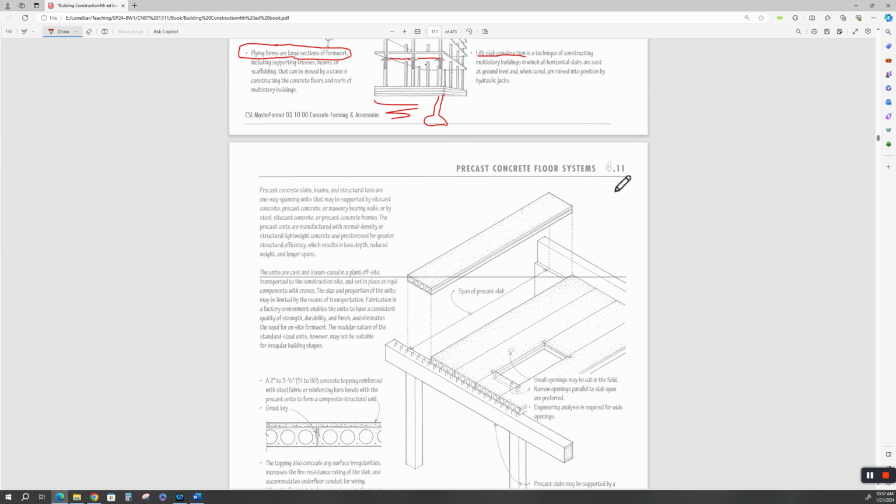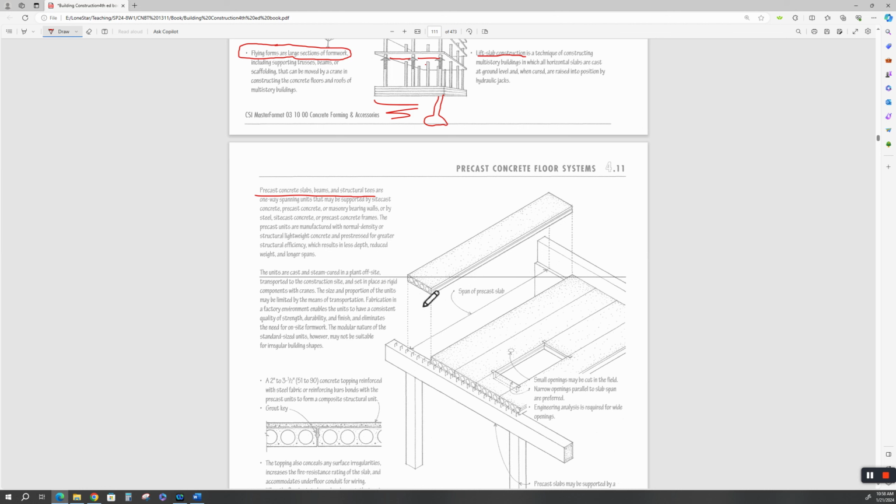All right, precast concrete floor systems continuing. Here we got precast. Now these would be precast and pre-stressed. I don't know who the current companies are now. I know who they were back in my day, but the technology is the same. These cores are hollow to make them light.